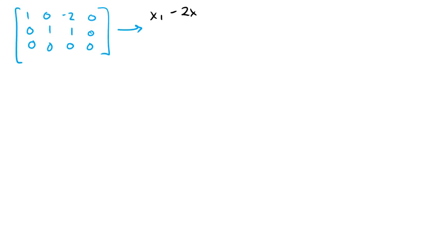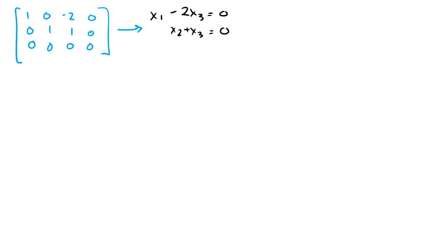Okay, so I'm just going to quickly rewrite this matrix and show you that this can be written in the following way. I have x1 minus 2x3 is equal to 0. x2 plus x3 equals 0.